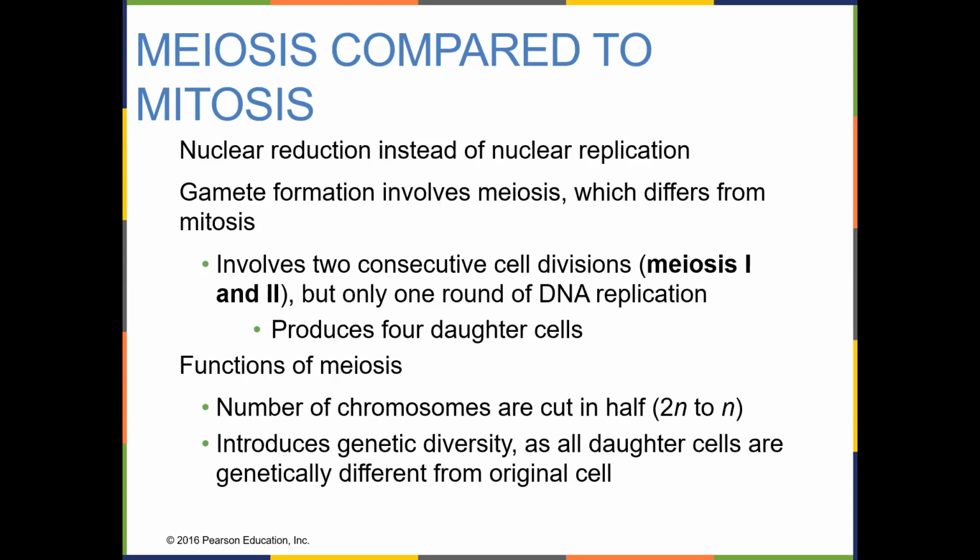You're not going to have 4 arms or something like that, but you're going to get certain characteristics, and that's where we get the diversity, because the DNA gets sort of jumbled up a little bit. So this is what meiosis does. Meiosis gives us a little bit of genetic diversity.